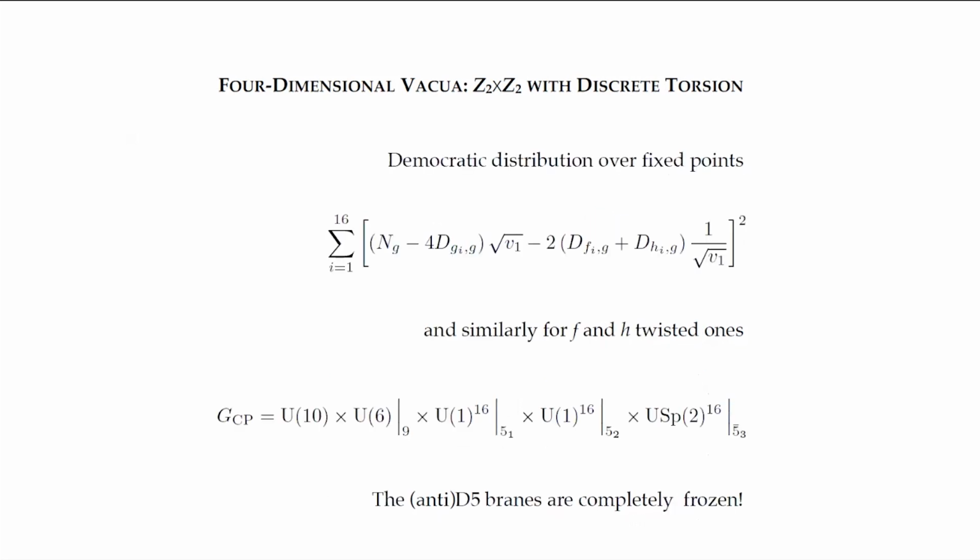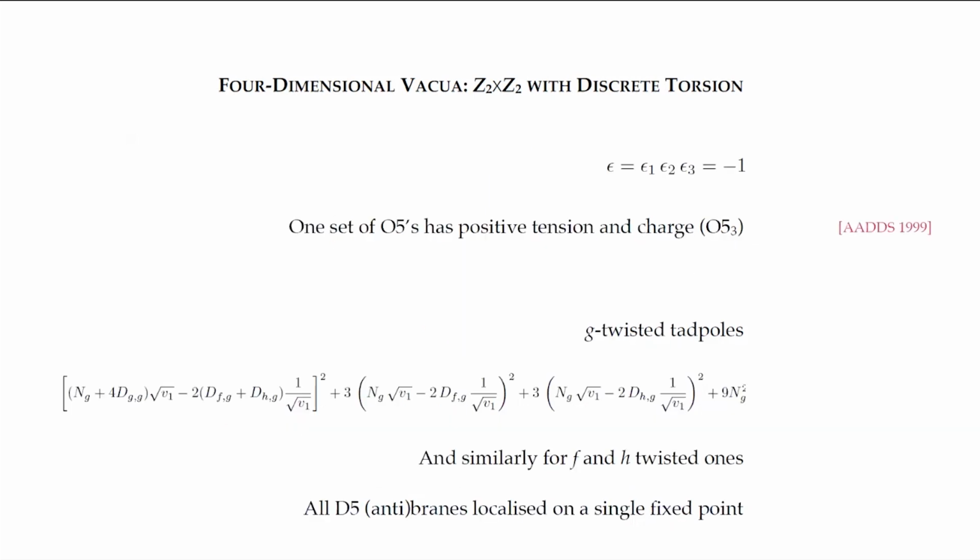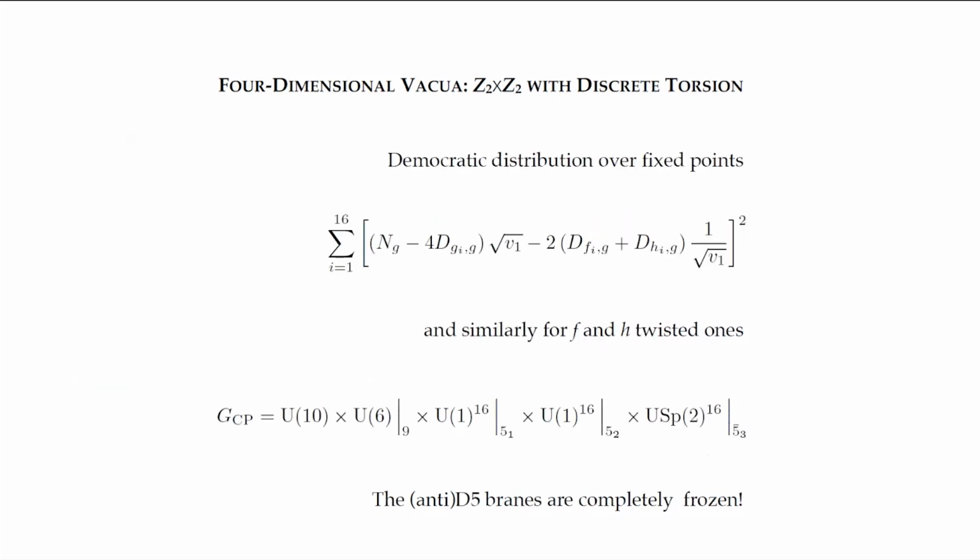However, here also you can decide in these models, actually all the anti-D5 branes were localized on a single fixed point, so it was a simpler construction. But then if you start to move it around, since they also carry twisted charge, if you move a brane, you have to rearrange the whole configuration.